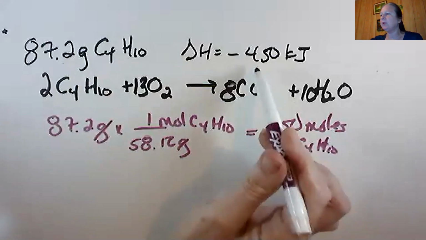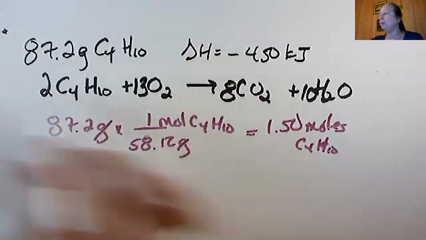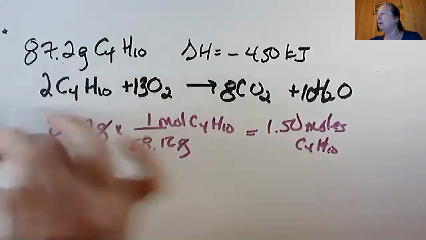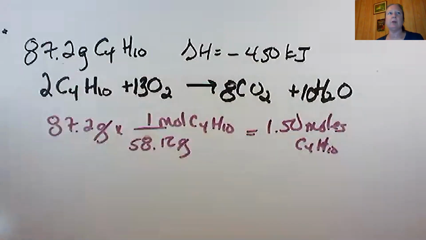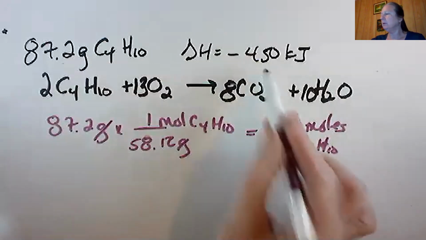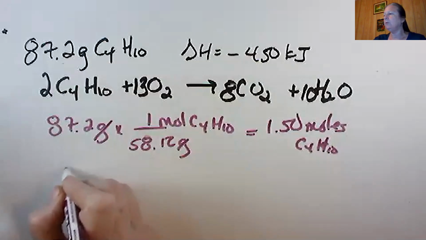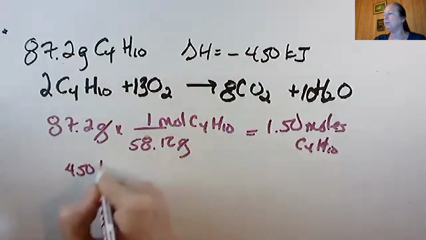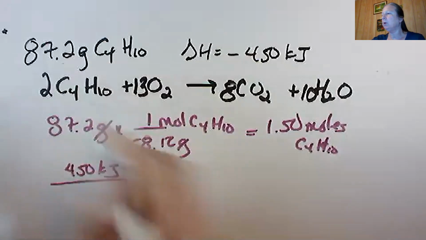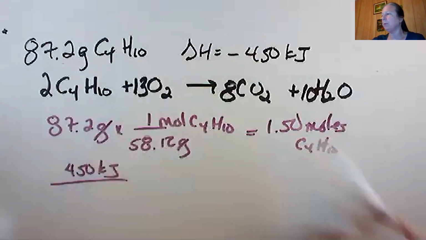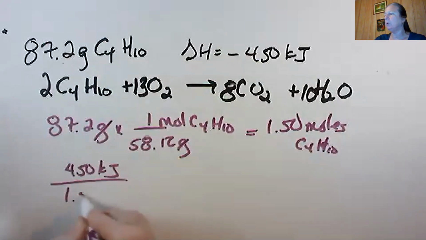This is for the specific amount of hydrocarbon used. You want to put your energy in here for this molar relationship. So first of all, you start with 450 kilojoules per this amount of hydrocarbon, but we figured out it's 1.50 moles.